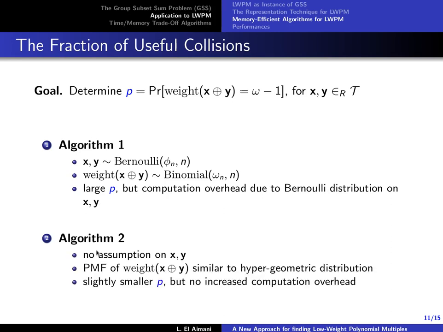Algorithm 2 does not assume anything on x and y, and when studying the probability mass function of this random variable, we get something similar to the hypergeometric distribution, and as a result we get a slightly smaller probability p, slightly smaller than that computed here, but there is no increased computation overhead.